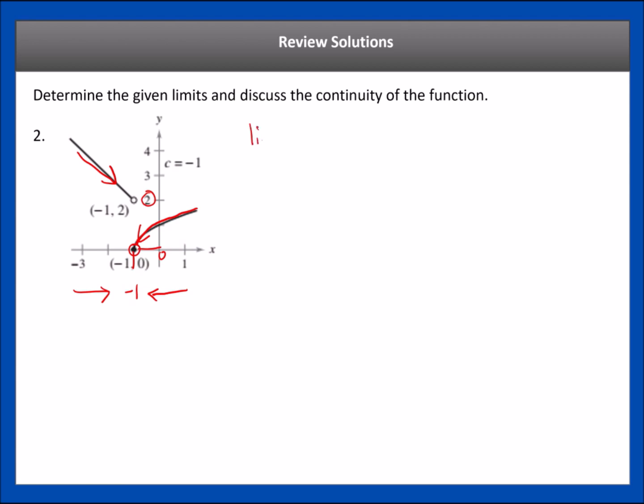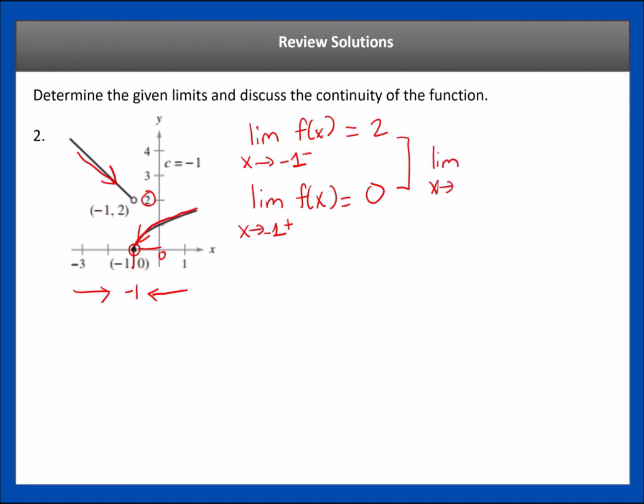So the limit of f of x as x approaches -1 from the left is equal to 2. The limit as x approaches -1 from the right of f of x is equal to 0. We see that these two one-sided limits do not agree. So since they do not agree, this limit here does not equal this limit here.